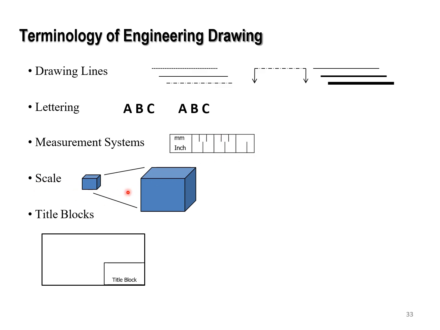The scales, for example, this one is 1 to 10. This cube is 1/10 of the larger cube in scale. And also we can have the title block in the engineering drawings, where we can put some details about who did it, why you did it, and the name of the part.